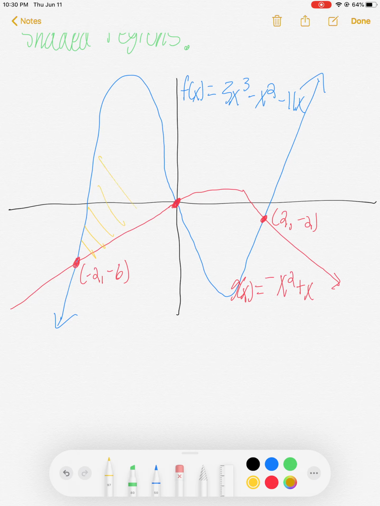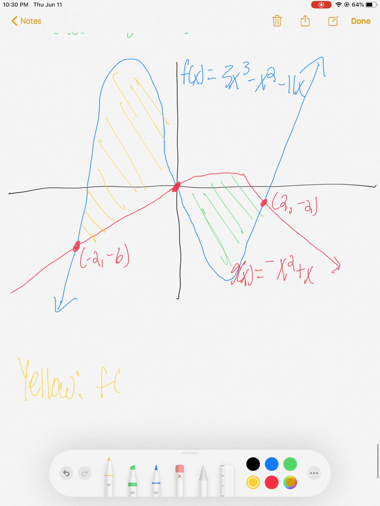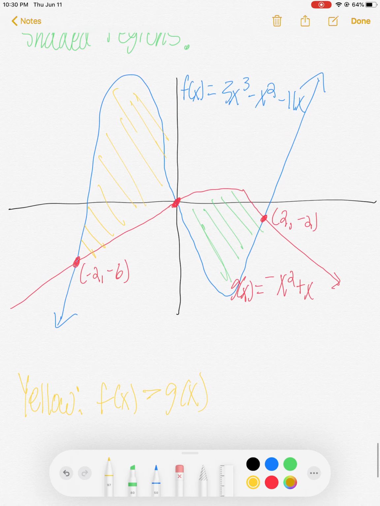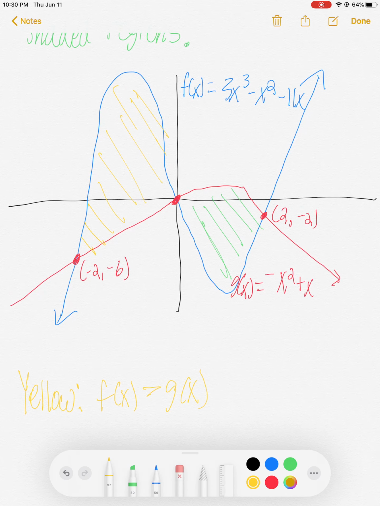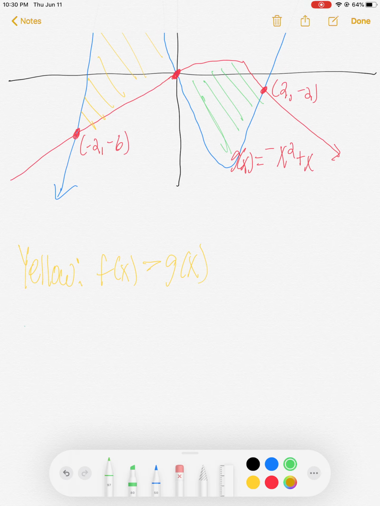What I notice here is that I have to split up my region into 2 regions and calculate 2 integrals. Let me color these so I can refer to them by color. I've got this yellow region, and then a green region.